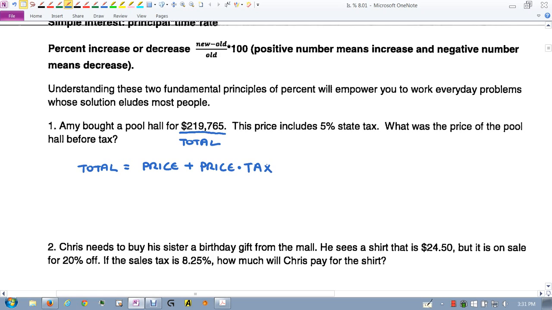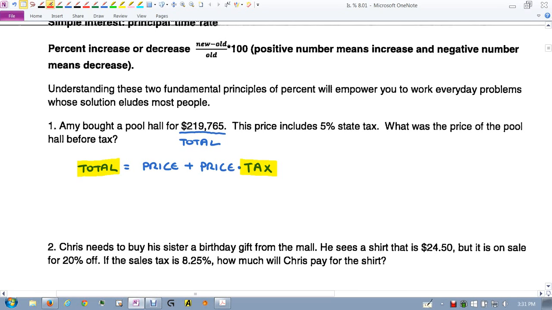That's the equation we have. Order of operations means you have to do the multiplication of the tax first. So what are the things that are given to us in the problem? We know the total, and we know the tax rate, which means we're going to be solving for the price.